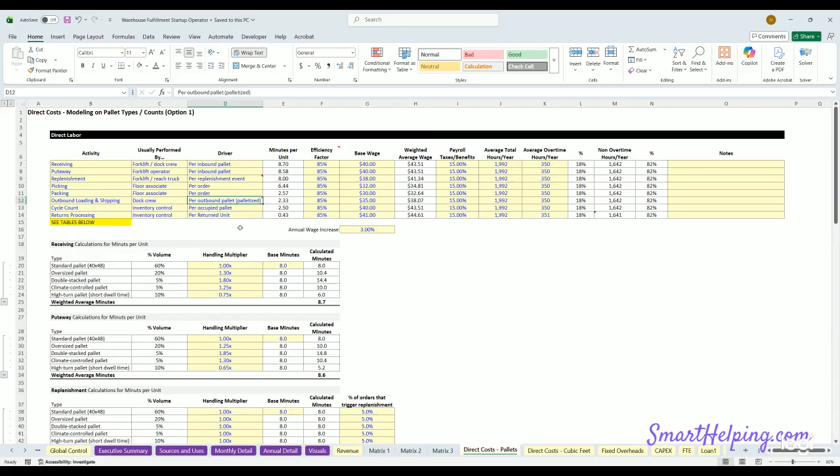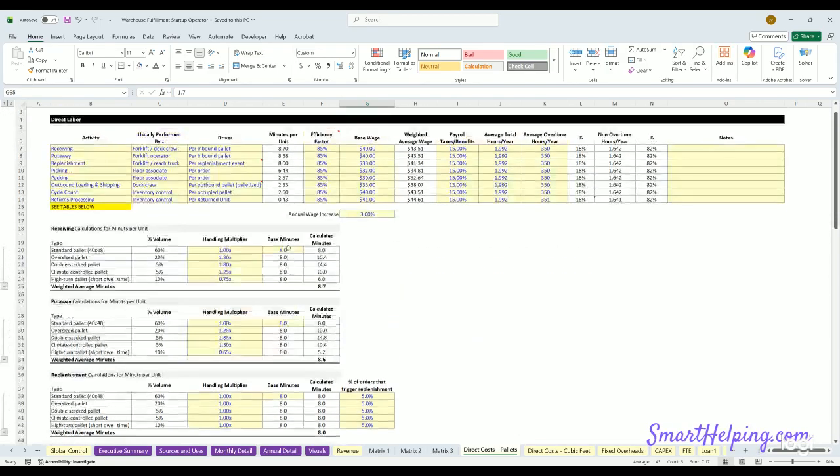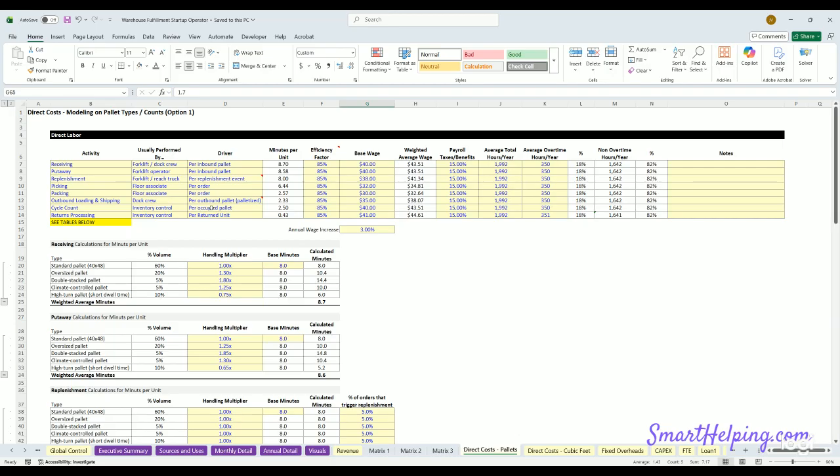So here, if we go to palletized factor, we have a base amount of minutes that it takes to essentially get pallets loaded, like for loading and shipping.